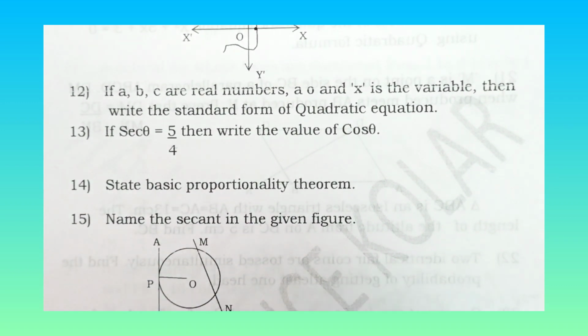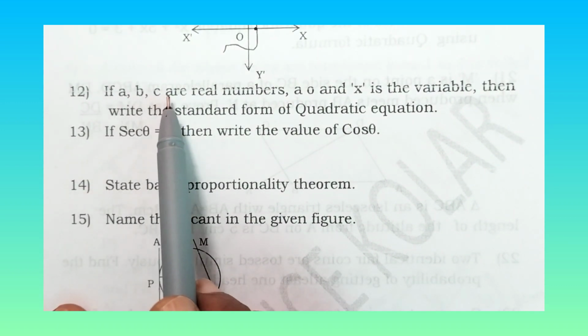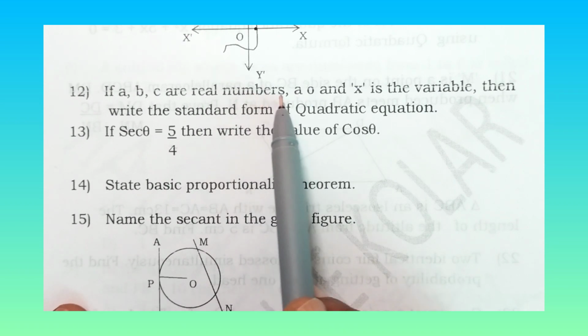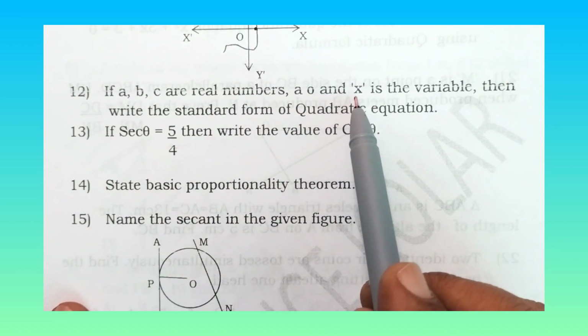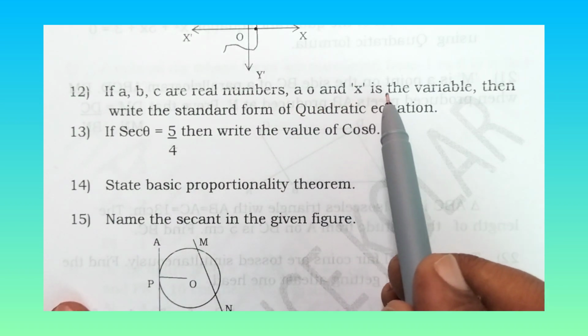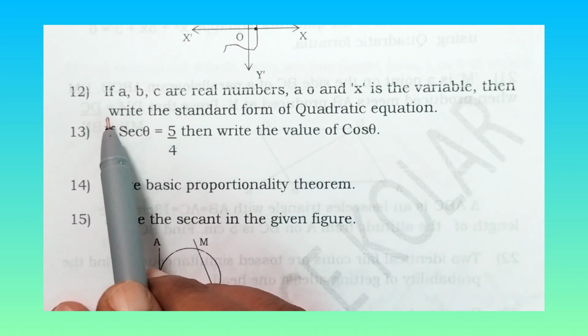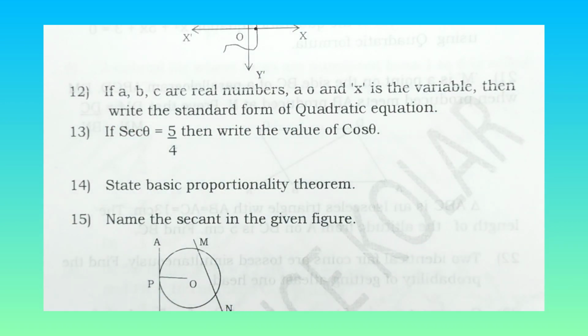Next, coming to the 12th question: if a, b, c are real numbers, a and x is the variable, then write the standard form of a quadratic equation.